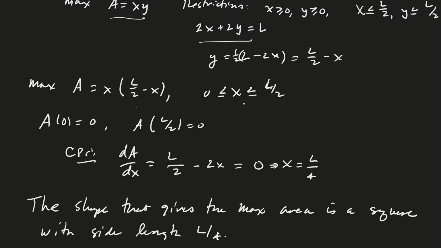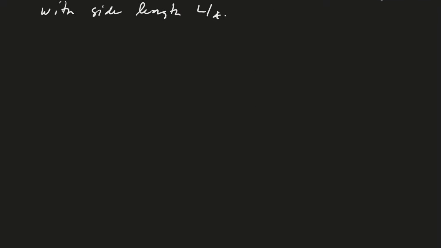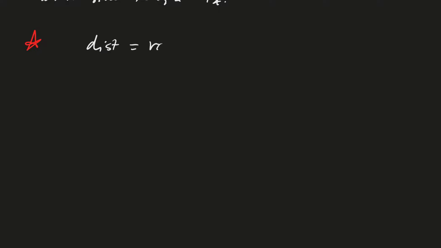And I want to bring in a little factoid from physics that we should remember from school. It's about how distance, rate, and time go together. And the formula is that distance is equal to rate times time.